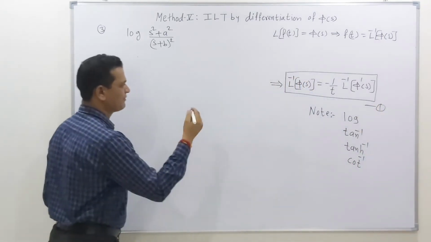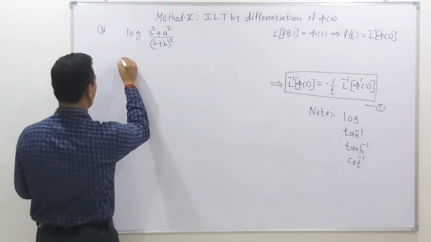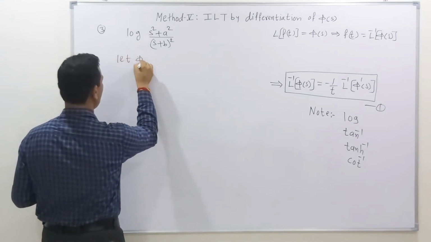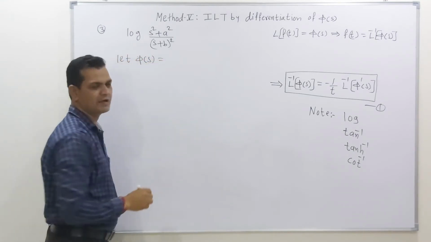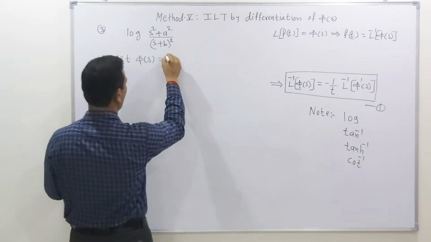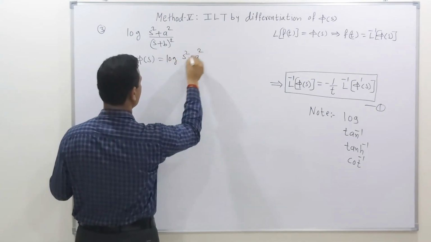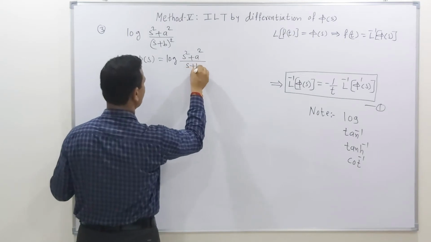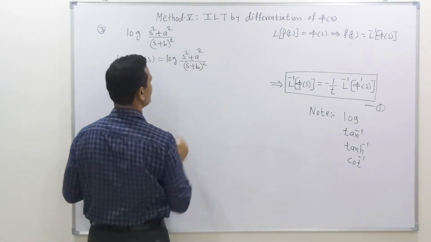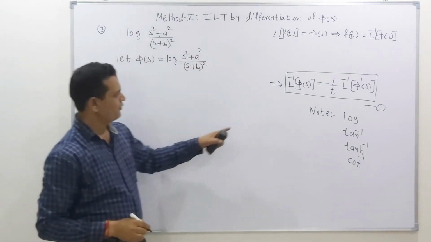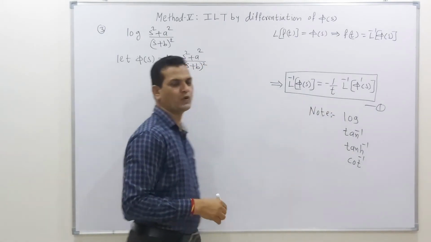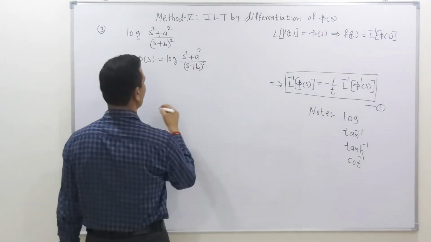Then for this equation, find the value of phi dash of s. For this, let's denote the given example by phi of s. So the value of phi of s is log of (s square plus a square) upon (s plus b) whole square. Now our aim is to find the value of phi dash of s. To get phi dash of s, first simplify this.